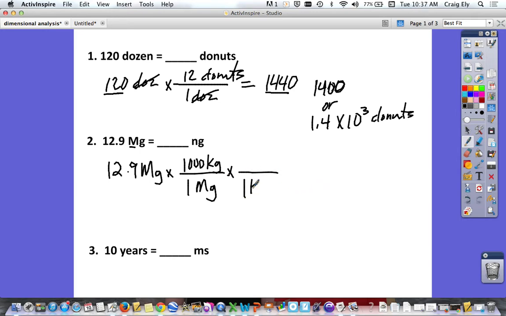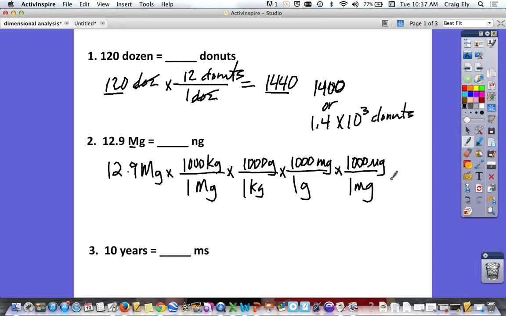In 1 kilogram, there are 1,000 grams. And in 1 gram, there are 1,000 milligrams. And in 1 milligram, there are 1,000 micrograms. Now that's the little weird symbol for micro. And in 1 microgram, there are 1,000 nanograms.